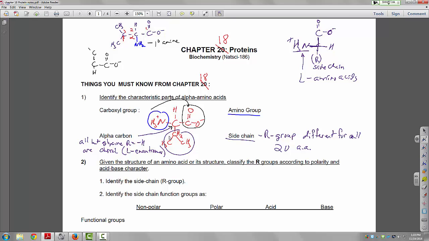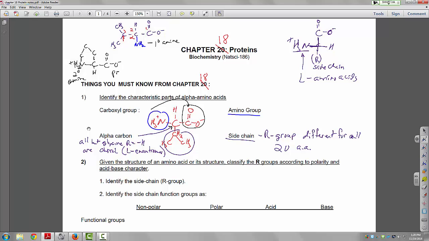The side chain wraps around and bonds to that nitrogen. The nitrogen now has 2 carbon-nitrogen bonds, and so it is a secondary amine.